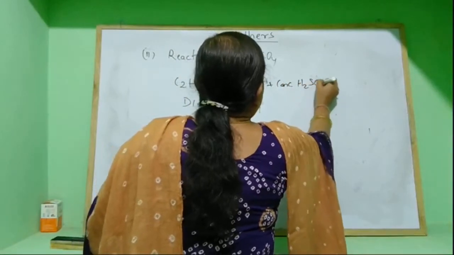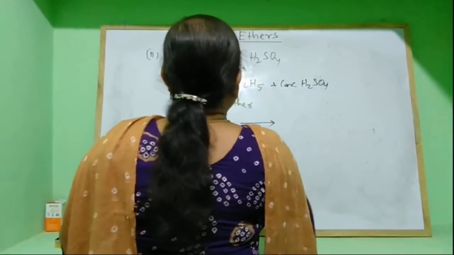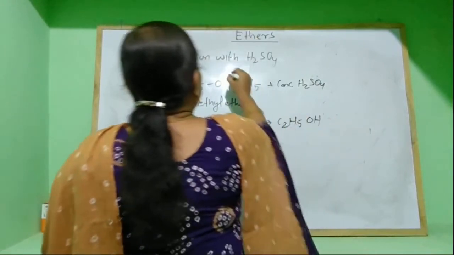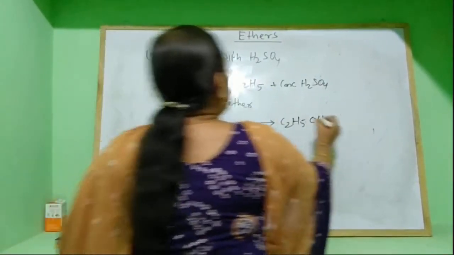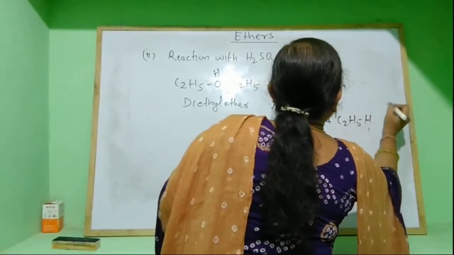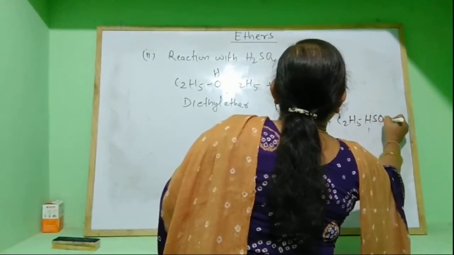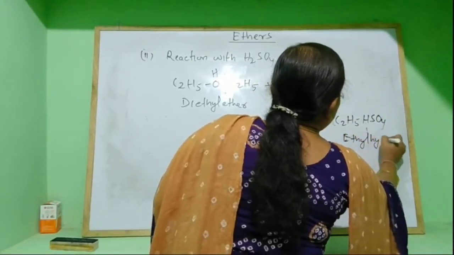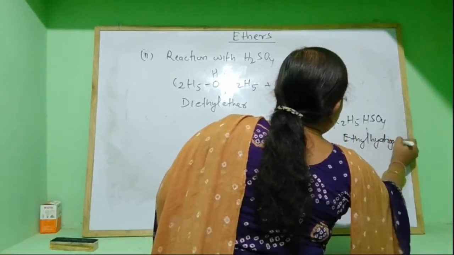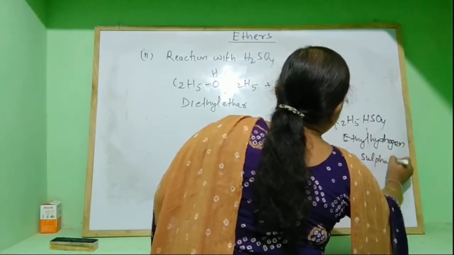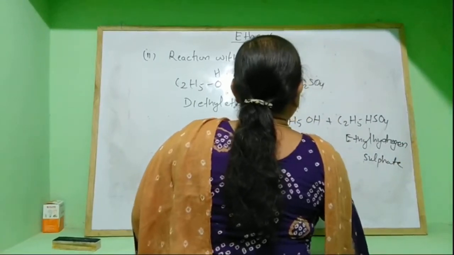Concentrated H2SO4 gives C2H5OH plus ethyl hydrogen sulfate, and ethanol.